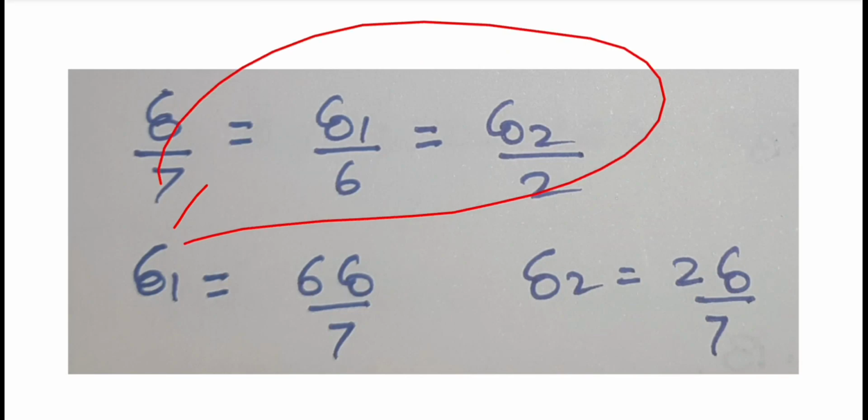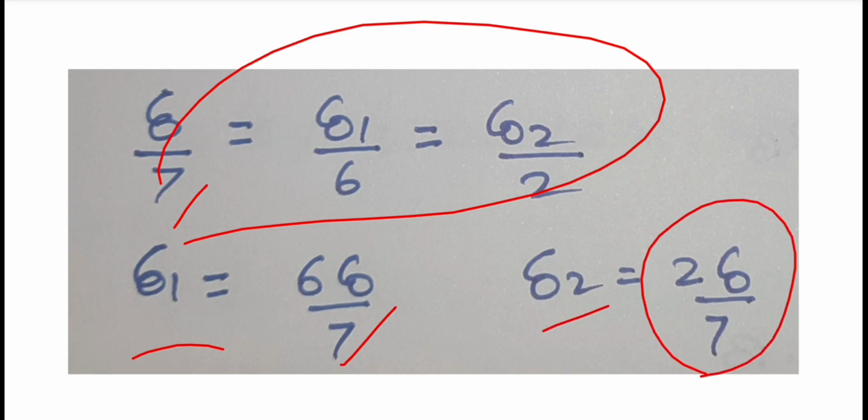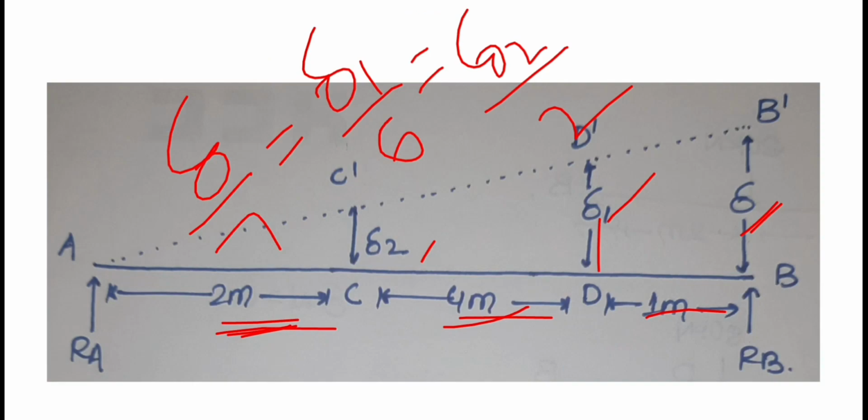So we have written the equation. From that we get delta 1 equal to 6 delta by 7 and delta 2 equal to 2 delta by 7.